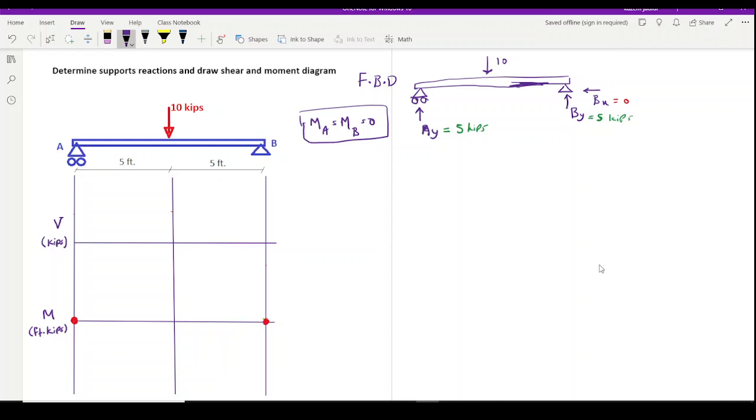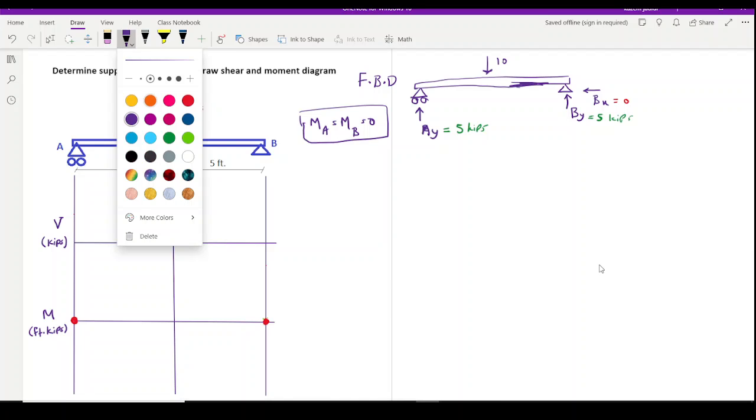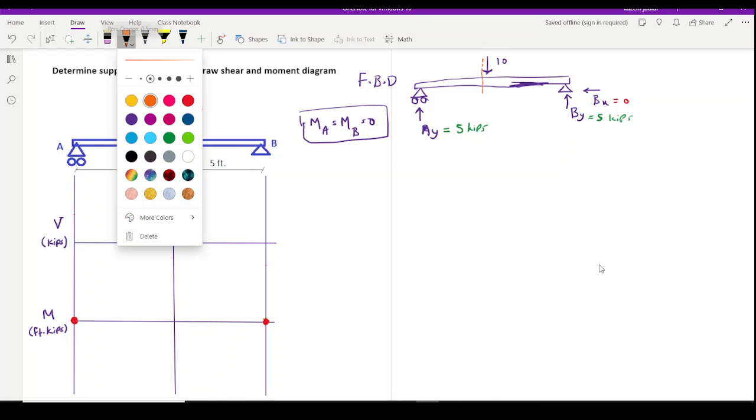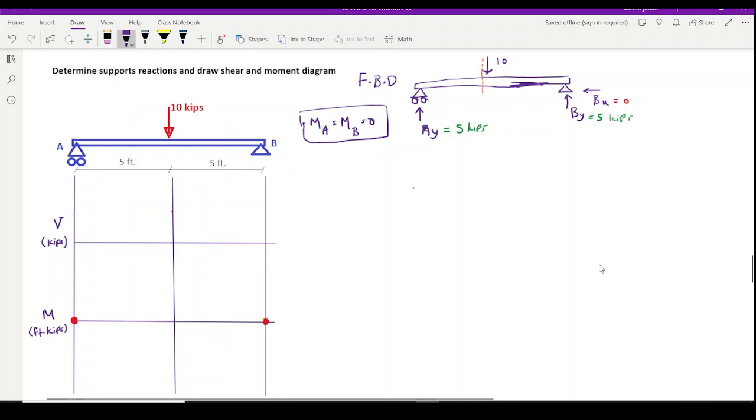Now, in order to draw a shear or moment diagram, you need to use the sections method. So I'm drawing a section slightly to the left side of that 10 kip, and I need to draw the FBD for this section.